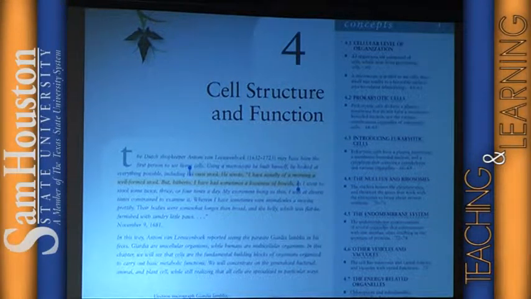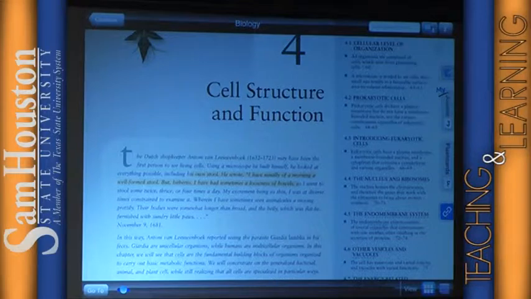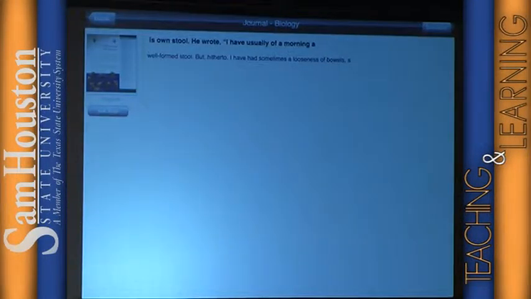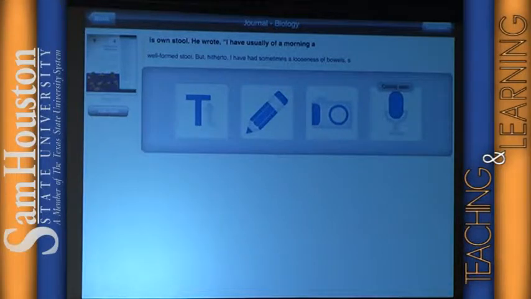But I can also, you notice that it popped out a journal over to the side. I know it's kind of small. But if you click on your journal, then you can add a note about that particular piece that you just highlighted. It can be a picture. They're about to have the recording device. You can write, handwritten. You can use text.